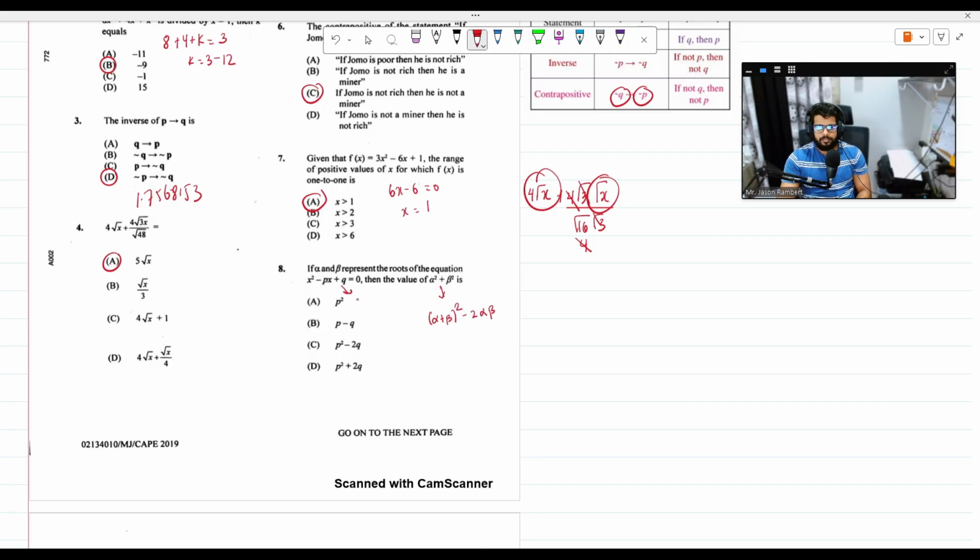From here, alpha plus beta is minus b over a, which is going to be minus minus p over 1, which is going to be p. So I'm going to get p squared take away 2 alpha beta, where alpha beta is going to be q over a. So p squared minus 2q is going to be my value of alpha squared plus beta squared.